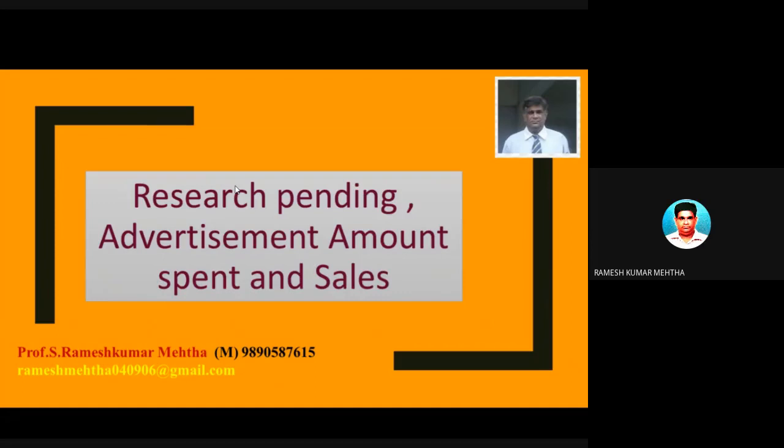So research amount spent and advertisement amount spent would have a positive impact on sales. There is a correlation between these variables. Sales is the dependent variable, and research and advertisement are the two independent variables.